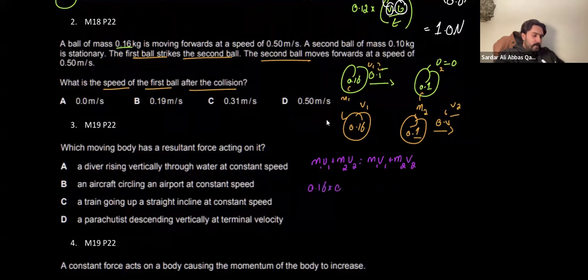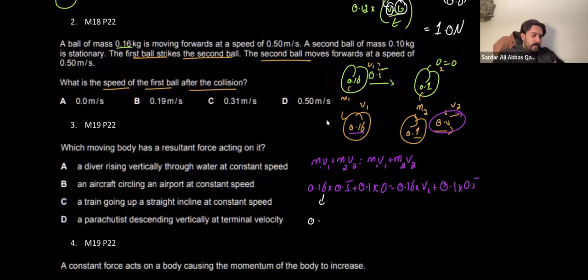0.16 into 0.5 plus 0.1 into 0 is equal to M1, again 0.16, we have to find V1, plus M2 is 0.1 and V2 is 0.5.